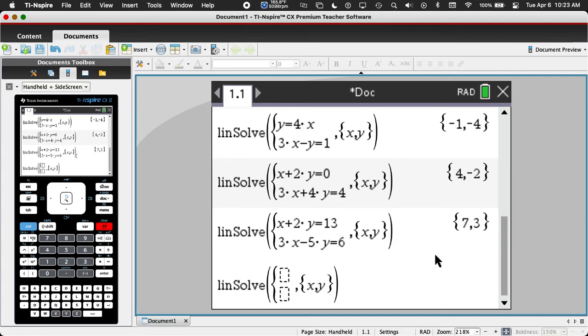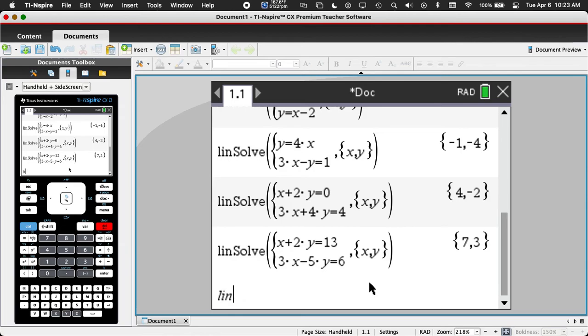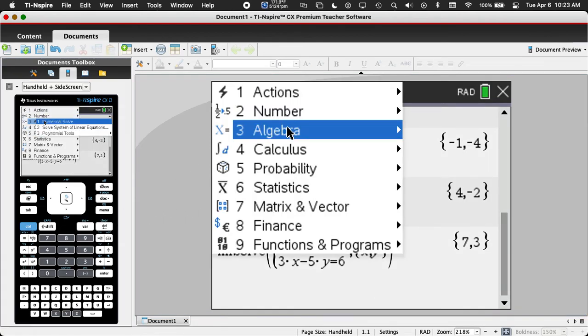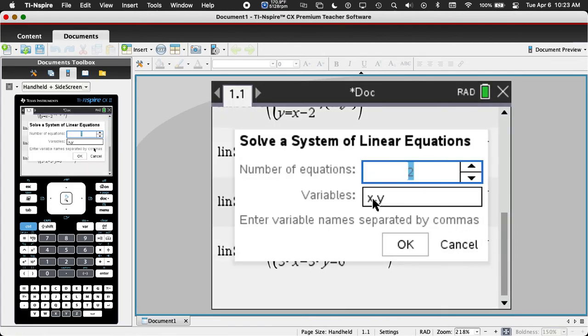Now, hold on, let me start this over. So let's imagine that I really wanted to be super crazy, right? And I wanted to use the same exact variables that they did. I could go here and change them. You don't have to, but just remember to keep consistent what you call X, what you call Y, all right?